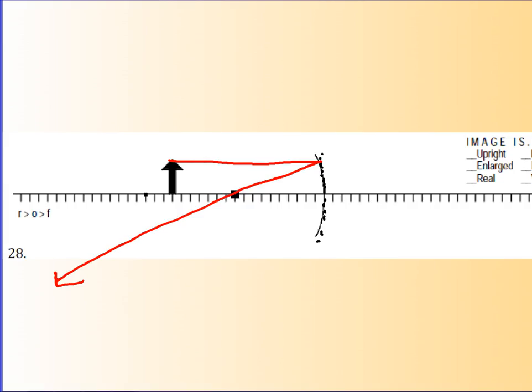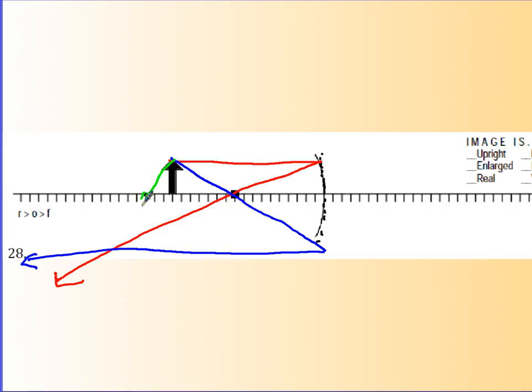Second ray is in through the focus. Now my focus is kind of big, so y'all need to be a little patient with me here. And then my third ray, it's between here and here. Let me change colors here.